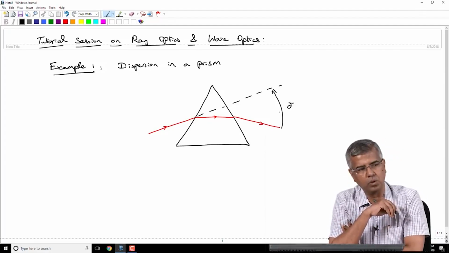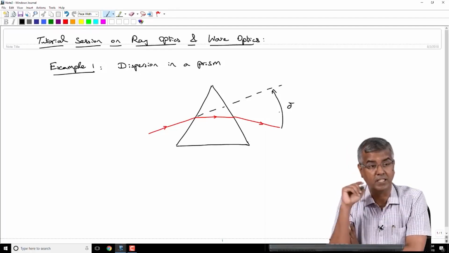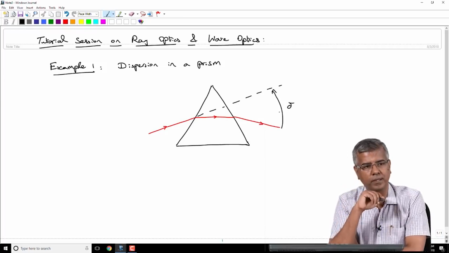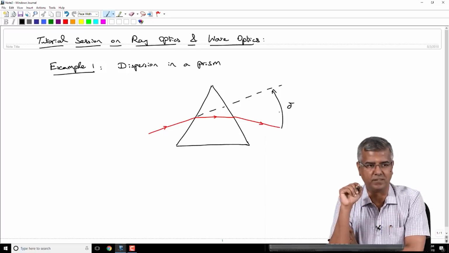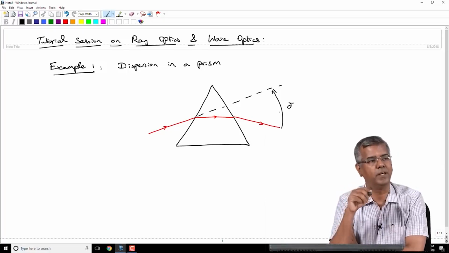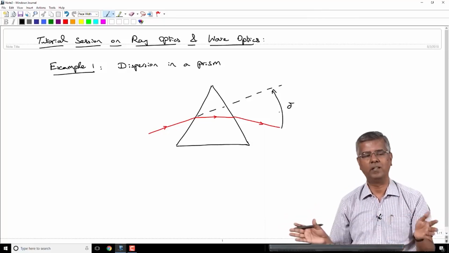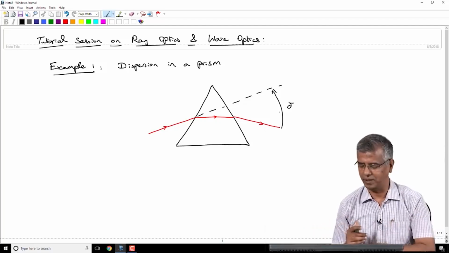We want to figure out delta, and specifically we want to know if delta is different for different colors. Only if it's different for different colors can we say that these different colors are spreading out and giving you a rainbow, right?